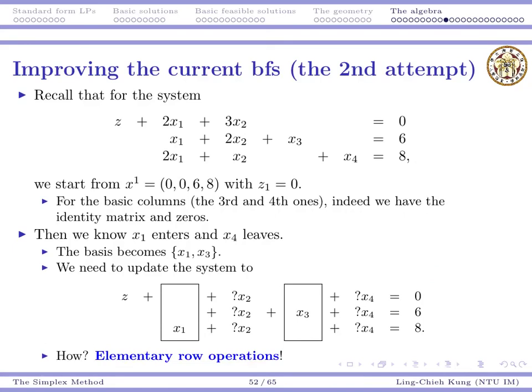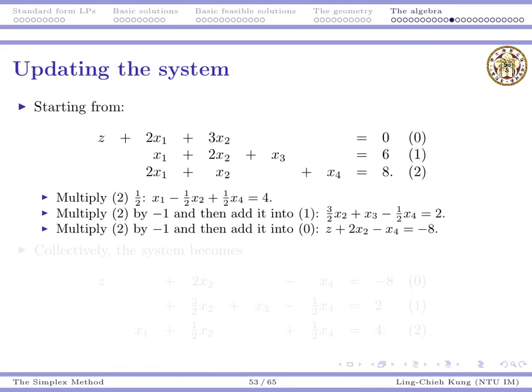So the tool we will use is elementary row operations. Starting from here, I know one task I have is to make this number 1. So I need to multiply the second constraint by 1/2.